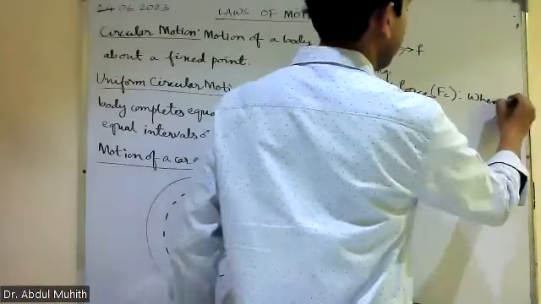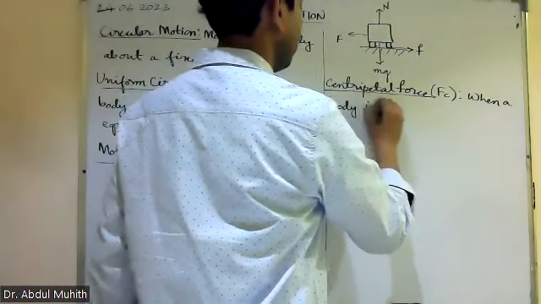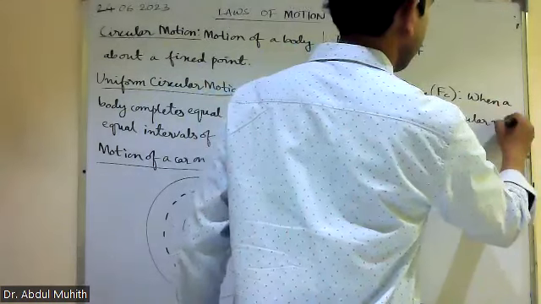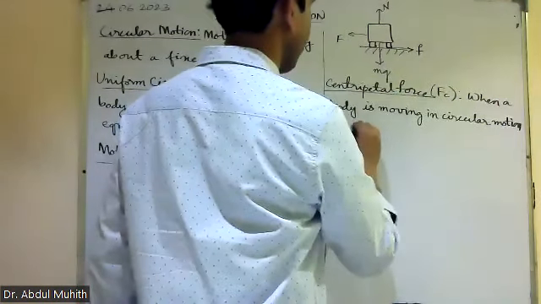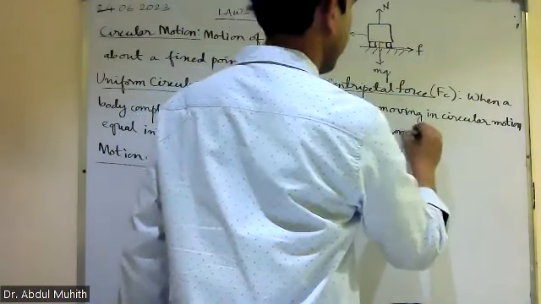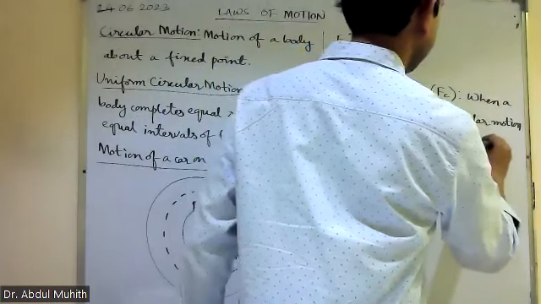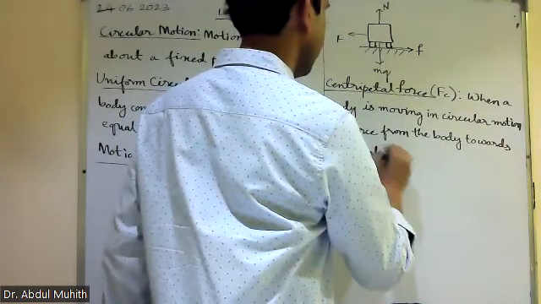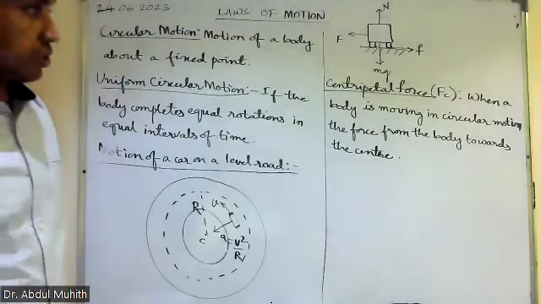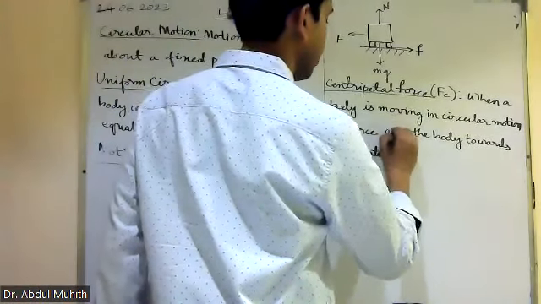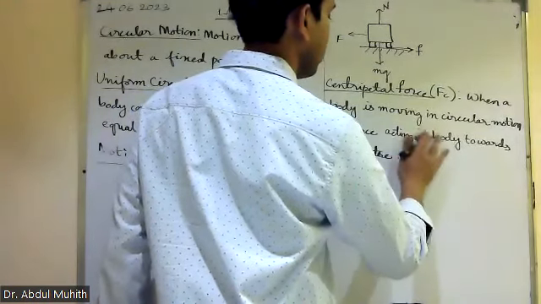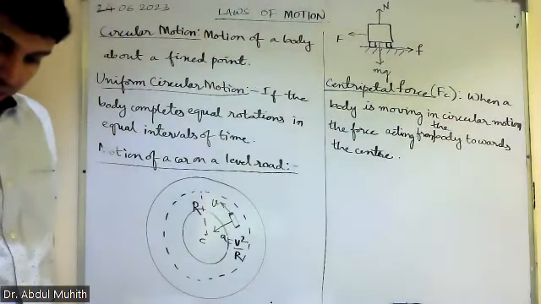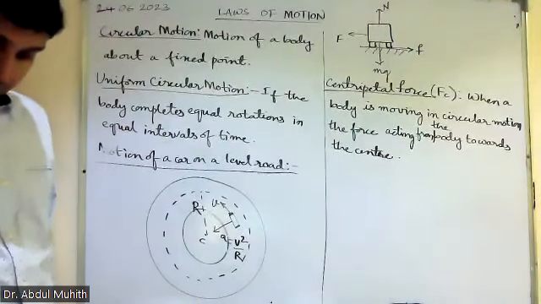When a body is moving in circular motion, the force on the body towards the center, the force acting from the body towards the center, is said to be centripetal force.